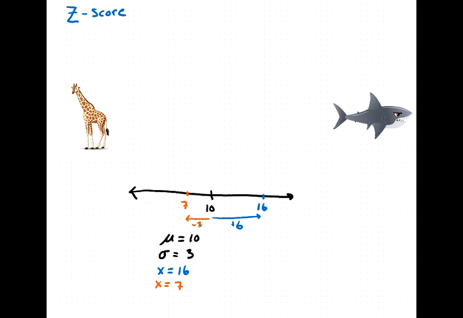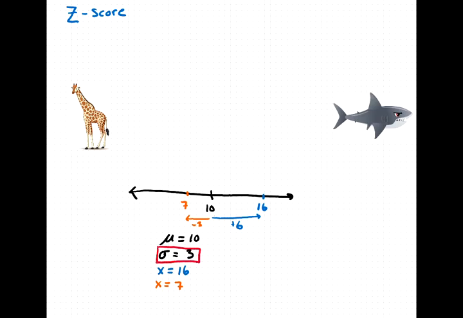So rather than measuring this distance in individual units, we could measure it in something else, just like we could measure something in feet or miles or inches or millimeters. We could convert between different units. And the unit we're using is the standard deviation.